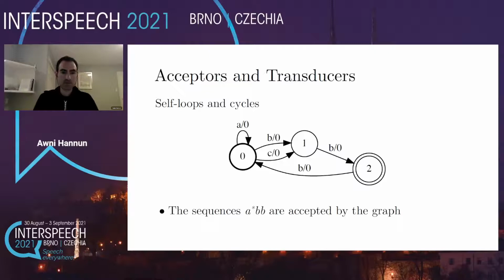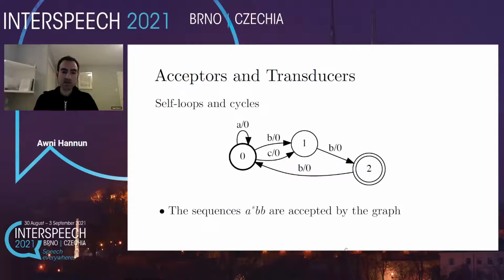Good. So transducers and acceptors can also have self loops on nodes. They can have cycles. So this graph can accept a lot of sequences. One example of a set of sequences it accepts is the sequence A star BB, where the star is the usual regular expression, meaning 0 or more copies of A. That's because of the self loop on the state 0.